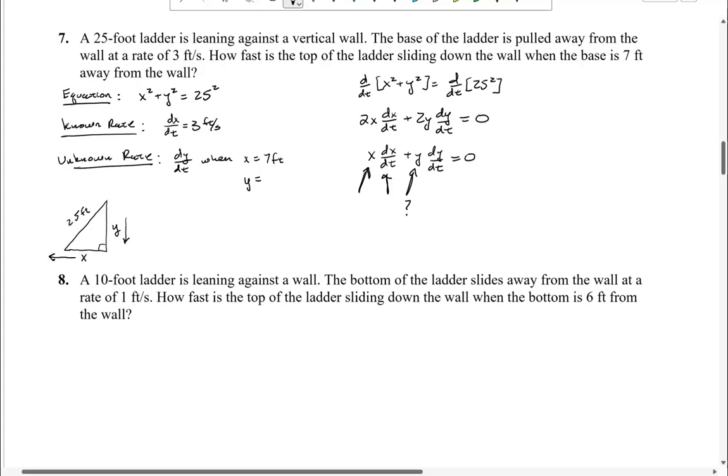So looking at our triangle, we notice that when x is 7, we can find y using the Pythagorean theorem. That should give us y being 24. So now we can plug in 7 for x, 3 for dx/dt, 24 for y, and we're going to solve for dy/dt.